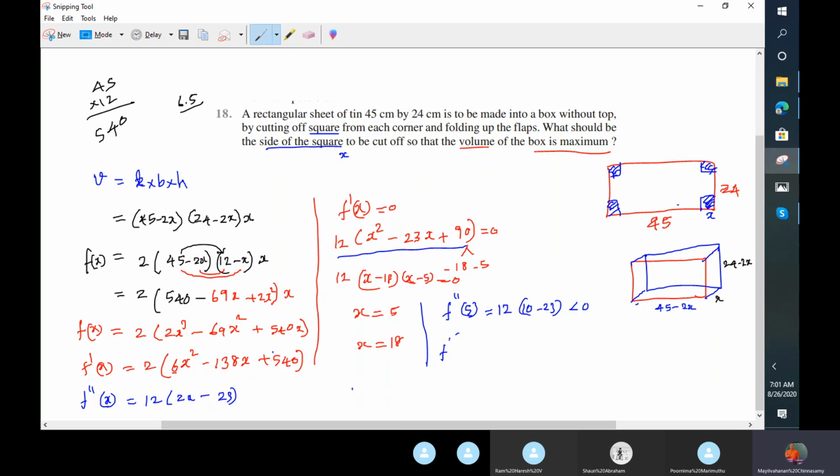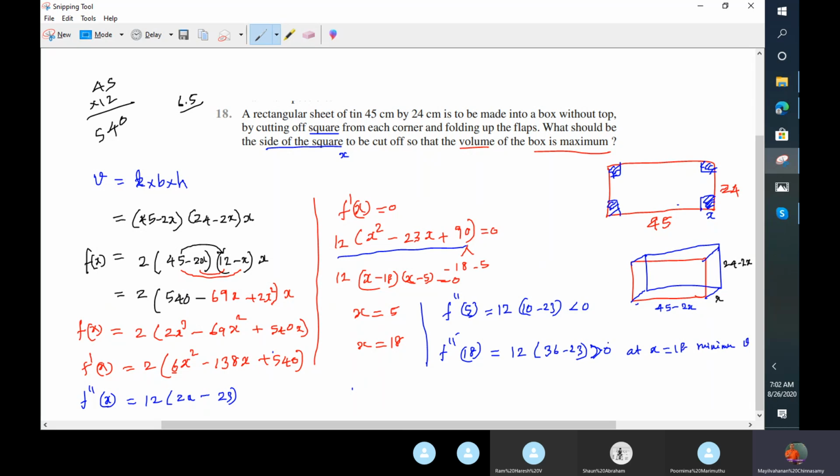What about f double dash of 18? At 18, 12 into 2 into 18, 36, minus 23 is positive. So at x equal to 18 we will get the minimum volume.